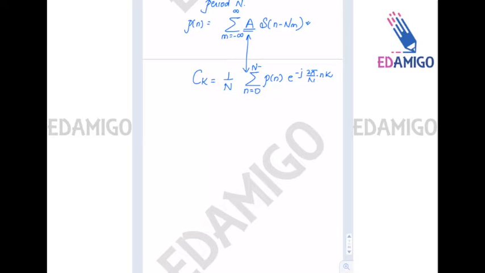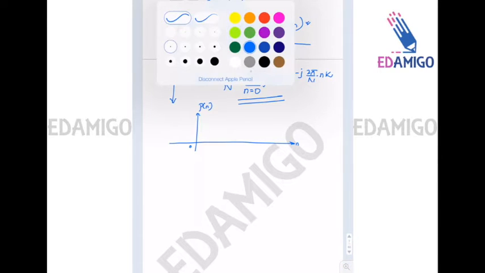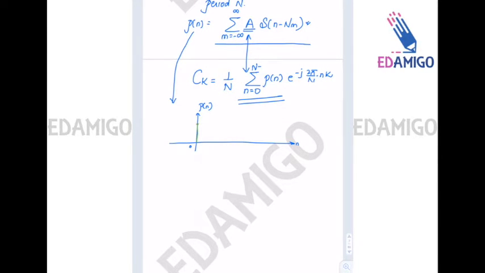Here the summation is done only for one period, and in one period Pn is equal to A delta n only, because in one period only one single delta is present. For example, if you draw Pn on the n axis, it is present at 0, then at capital N, then at 2N, and so on. So in one period, from 0 to N minus 1, only one delta is present, that is of height A.